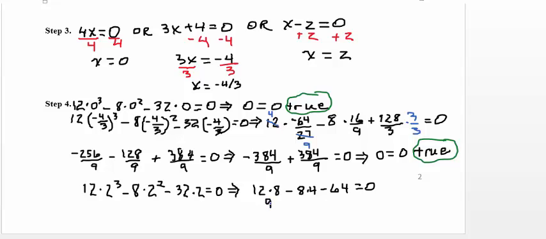Twelve times 8 is 96. 8 times 4 is 32. So 96 minus 32 minus 64 needs to be 0. And that gives me 0 on the left, which does equal the 0 on the right. So another true equation results. So all three of my solutions were the actual solutions.